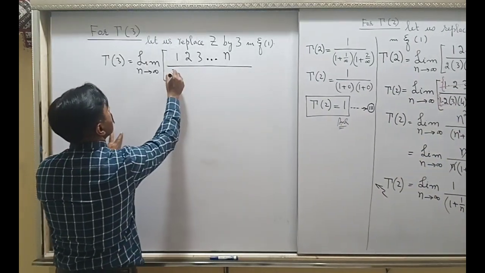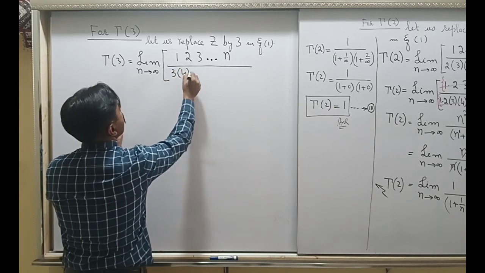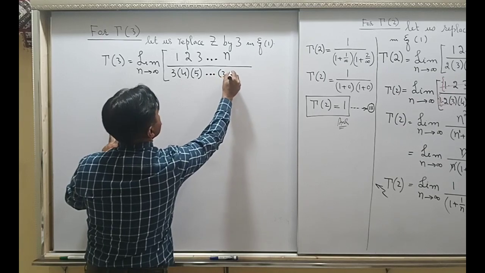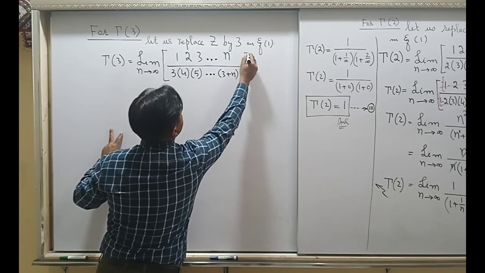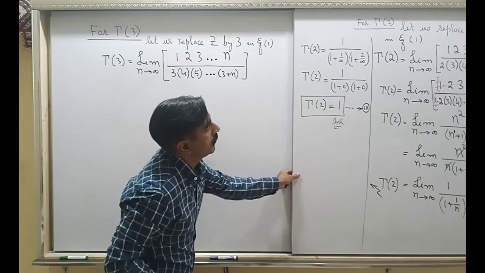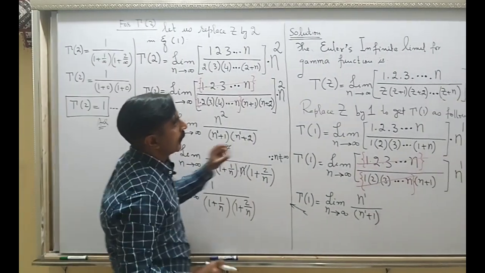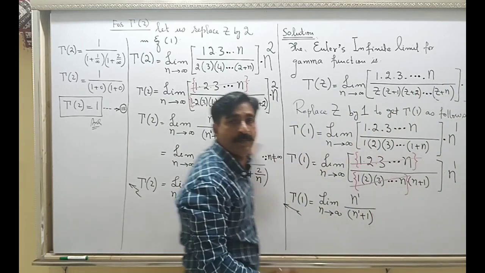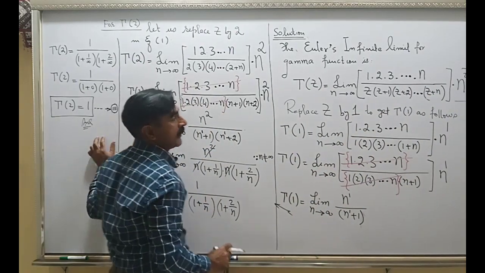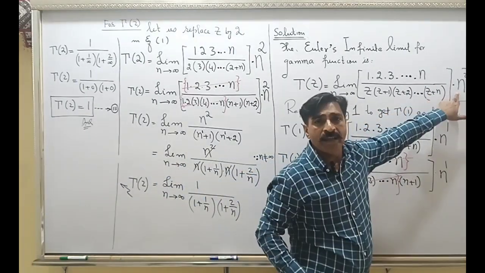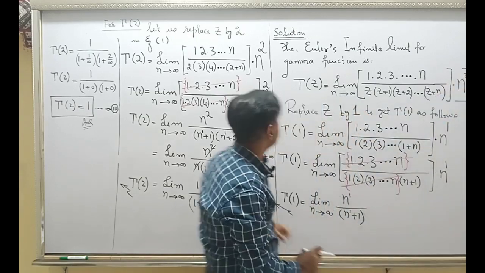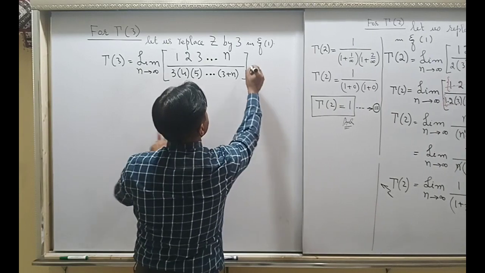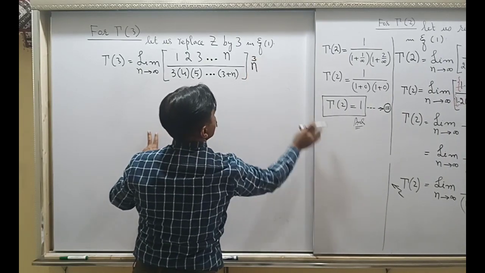It's 3 into 4 into 5 dot 3 plus n and into n to the power 3. Here is n to the power 3.